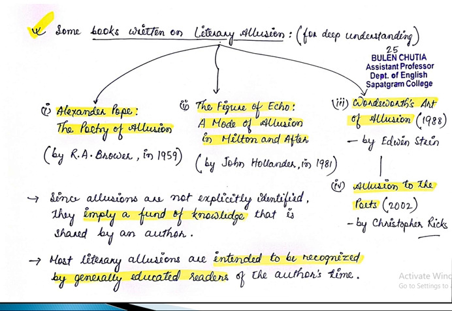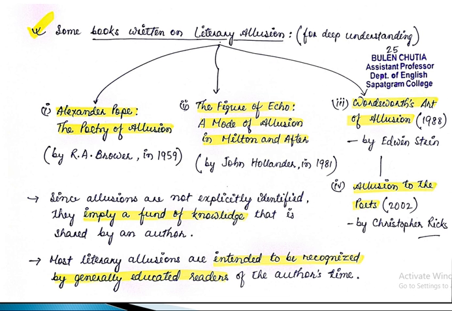Okay, since allusions are not explicitly identified, they imply a fund of knowledge. What I told already, that the writer or the poet tries to show that he has a reservoir of knowledge, a granary of knowledge.